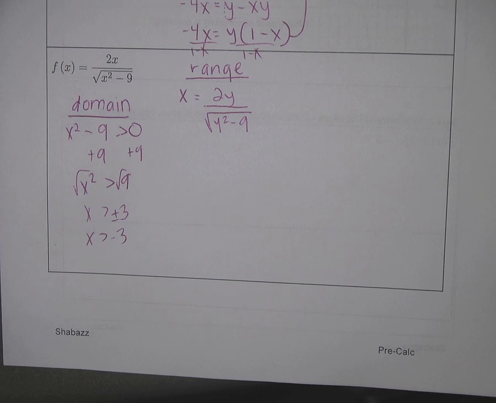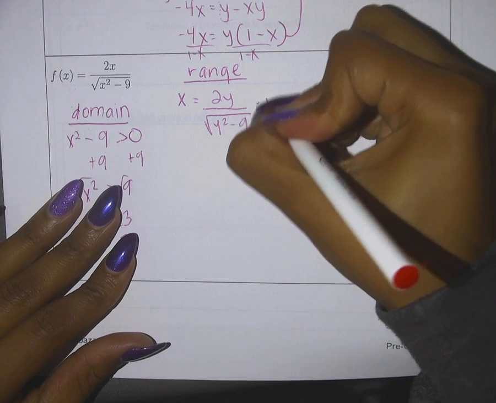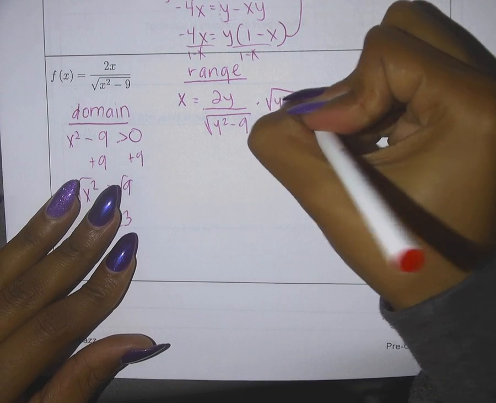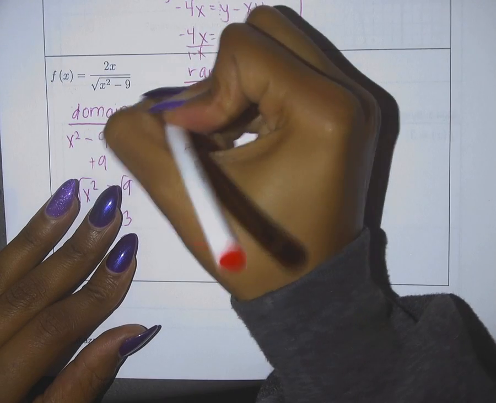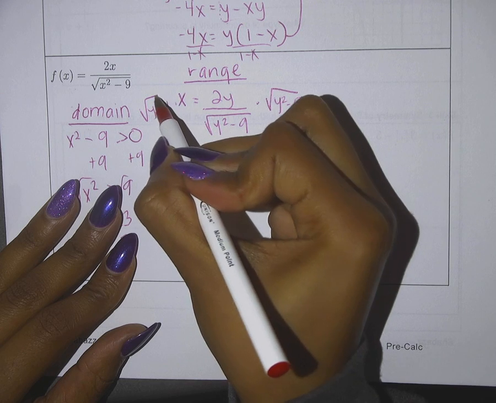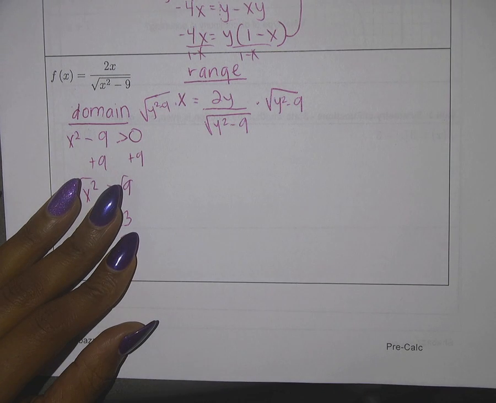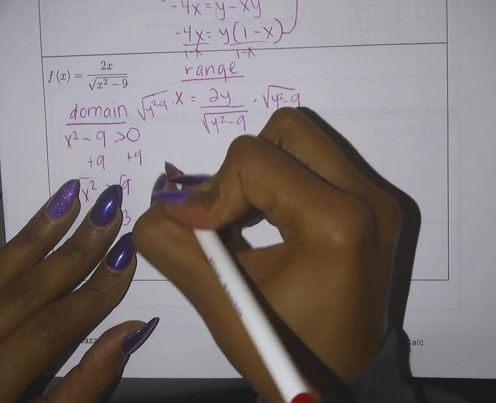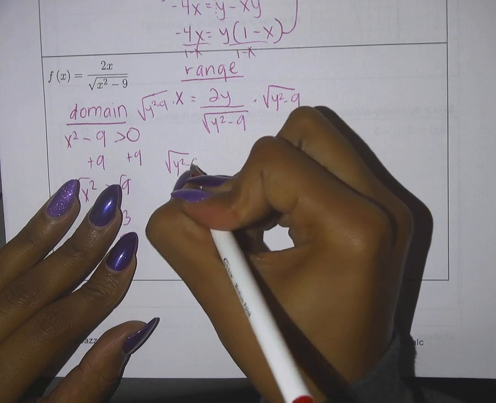So let's multiply both sides by the square root of y squared minus 9.